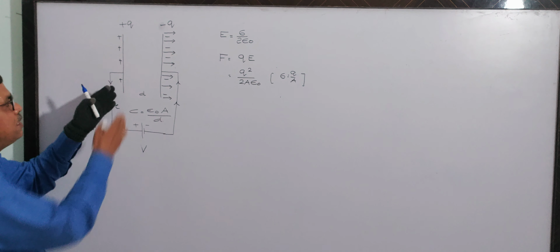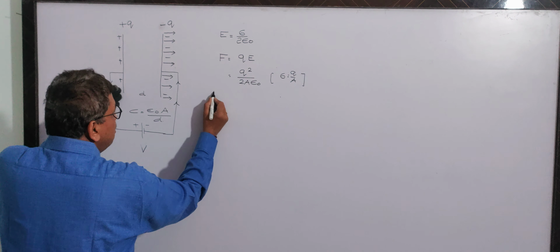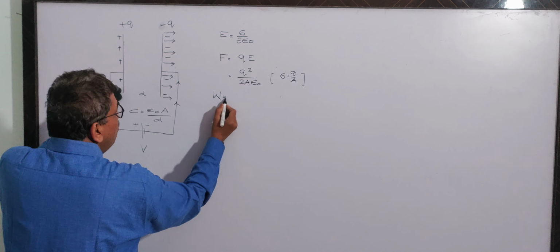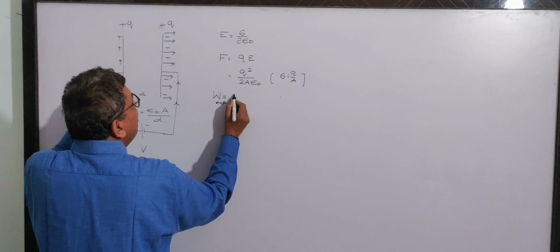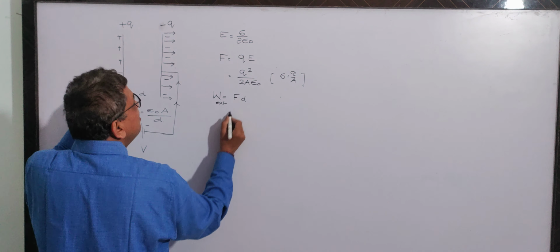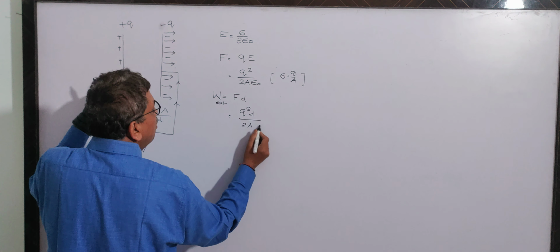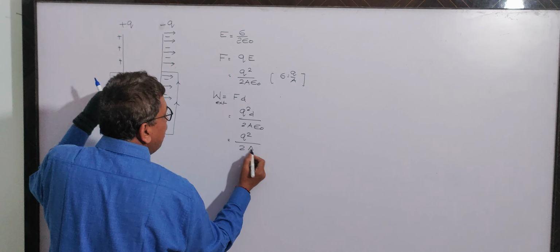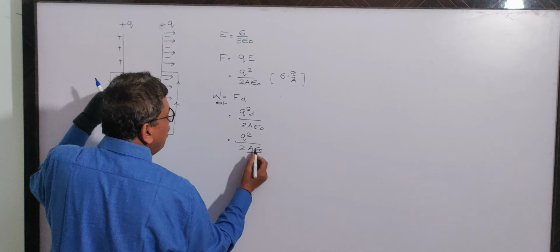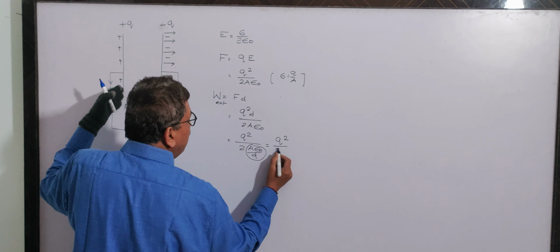Now to make this capacitor, I will take the second plate to a distance D. So some external work is done. What is this external work done in separating the two plates? I can write force into displacement D, so Q square D by 2 A epsilon naught, and this can be written as Q square by 2 into A epsilon naught by D. Now this is nothing but the capacitance of the parallel plate, so Q square by 2C.